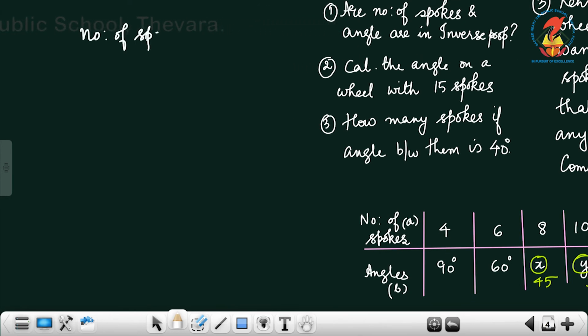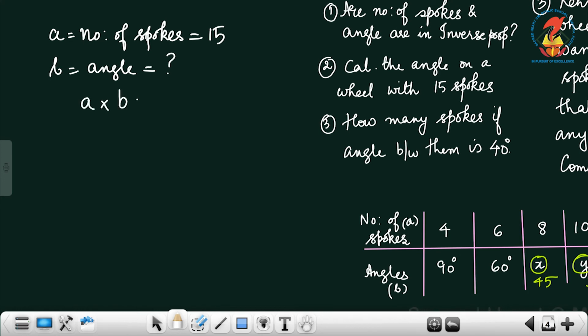Number of spokes is equal to 15. That is, our A is equal to 15. The angle we need to find. We know that when we multiply angle and the number of spokes, we get 360. 15 into B is equal to 360.